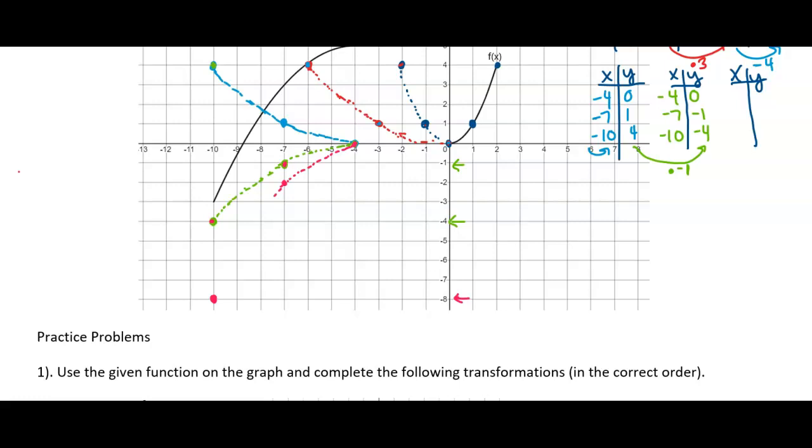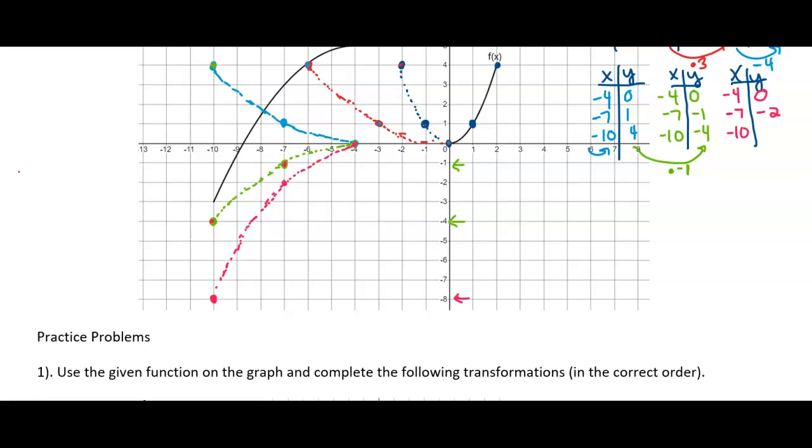Let me sketch this in lightly here. And let's talk about our table of values. So what happened is our point negative 4 stayed negative 4, and the y value actually stayed 0 as well. The point that was at negative 7, instead of a y value of negative 1, now has a y value of negative 2.